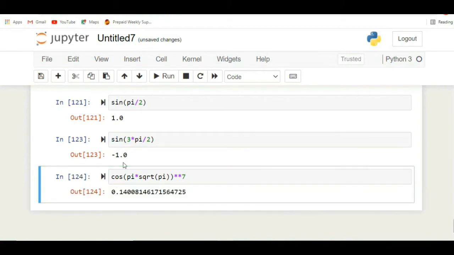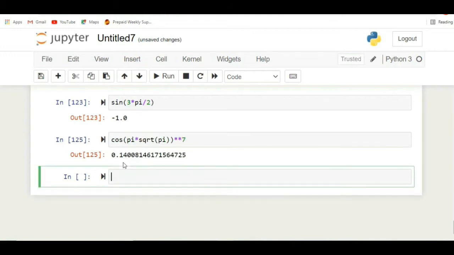Control and enter, and we will get the value 0.14008. This is cos of the angle pi multiplied by the square root of pi to the whole power 7.